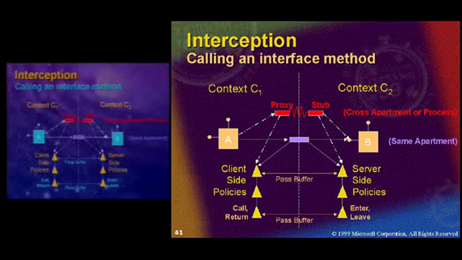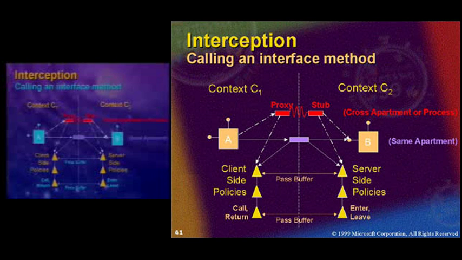But basically what happens is when you cross the context boundary, we will fire off a series of events during the course of the call, and the policies receive these events and can do some work to implement the semantics of that particular service.